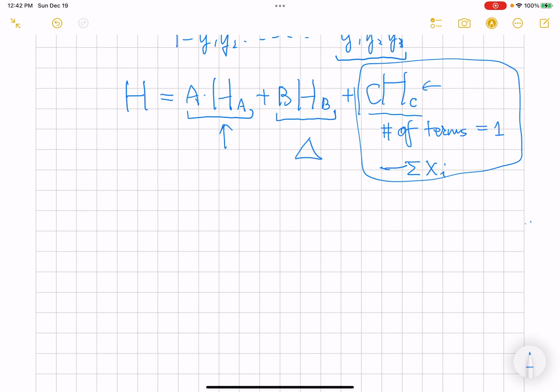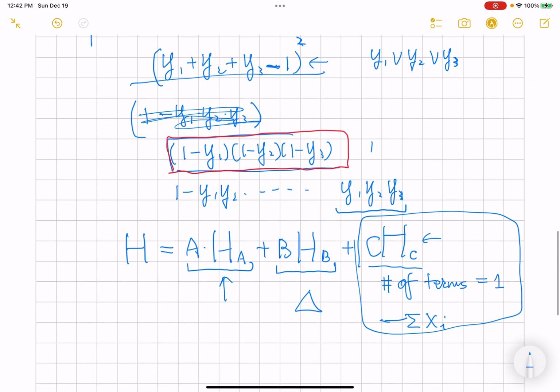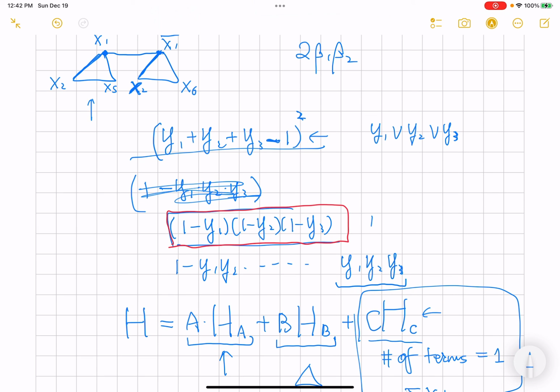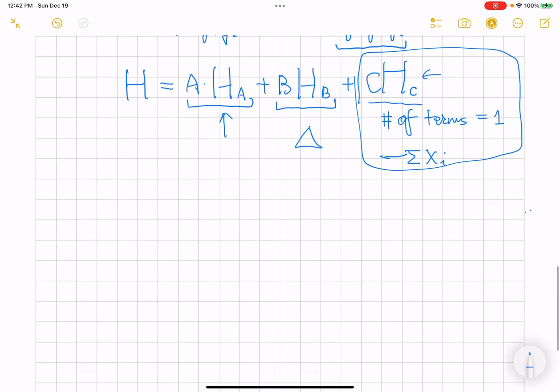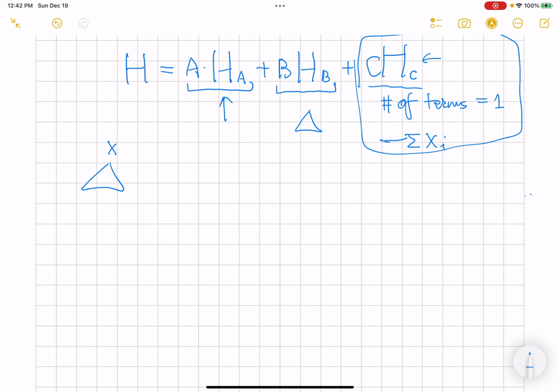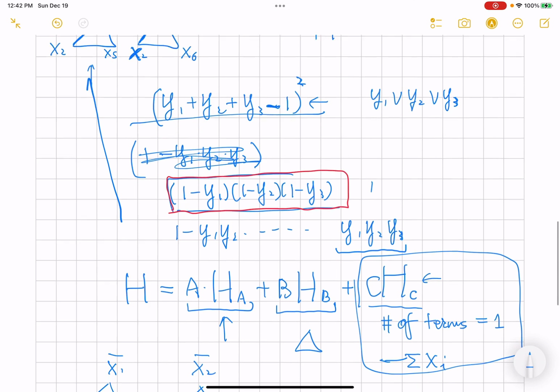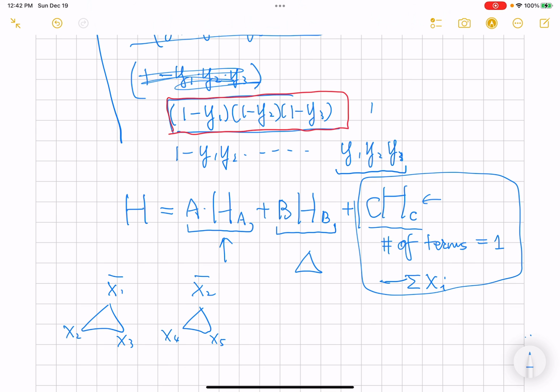What is it to change to? We have to count the number of terms. That would be this red box. Let's say the first triangle is x1 bar, x2, x3. The next triangle is x2 bar, x4, x5, right? For us, what we want to do is, again, if this is true, it's 0, so 1 minus that tells us whether it's true or not.